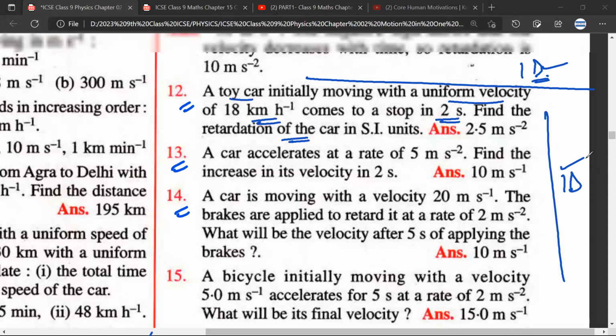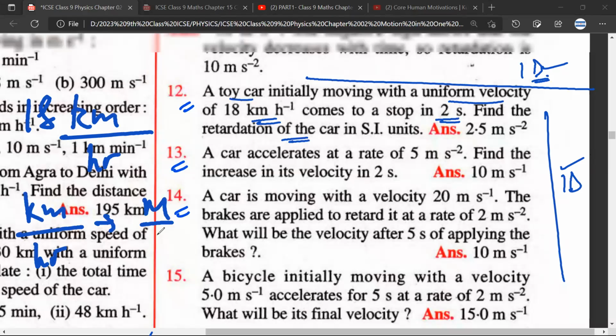One of the tricks that we use is to convert kilometer per hour into meter per second. What we do is we multiply by 5 by 18. Are we clear? So you can note this down.